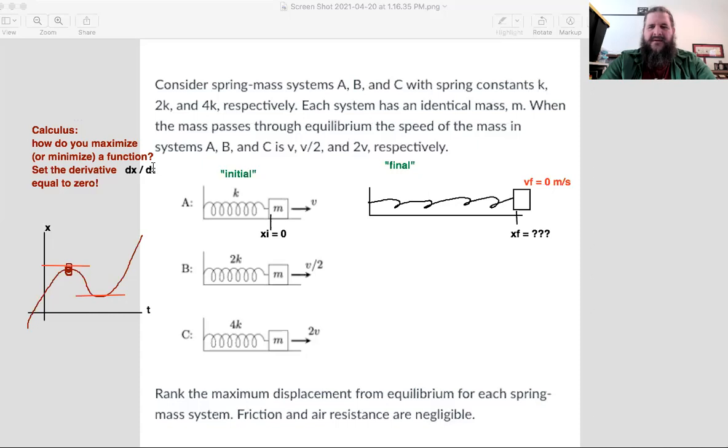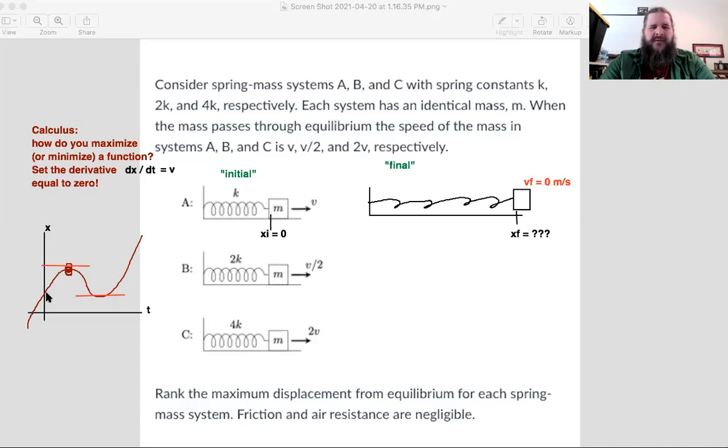Distance divided by time. Yeah, that is exactly velocity. Distance divided by time, or more formally, the derivative of position with respect to time is velocity.